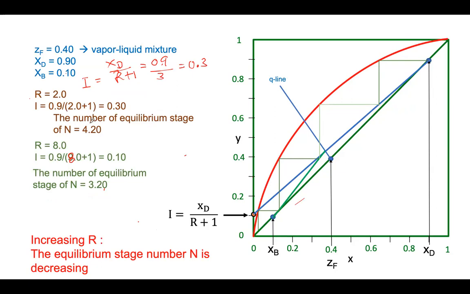If we make the reflux 8, the stage number increases a little bit to 3.2. If we decrease the reflux again to 2, from infinity to 8 to 2, the number of equilibrium stages is 4.2. So again, increasing the reflux ratio decreases the number of stages, and decreasing the reflux ratio increases it.